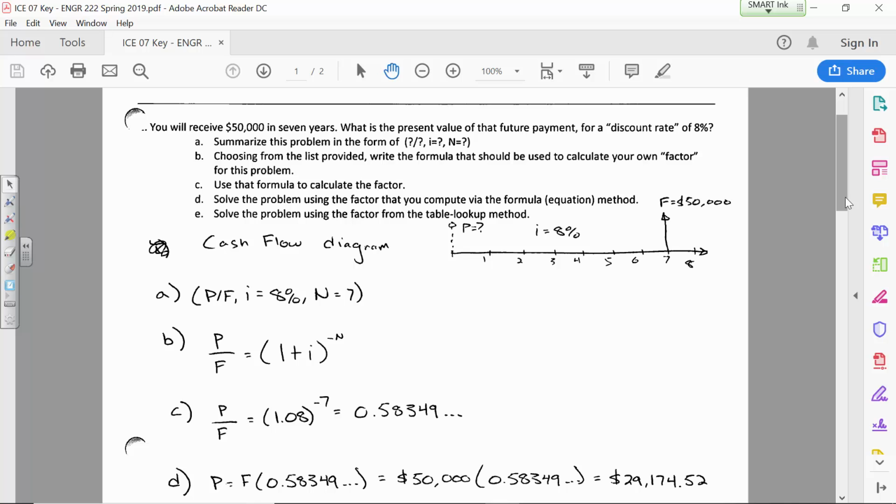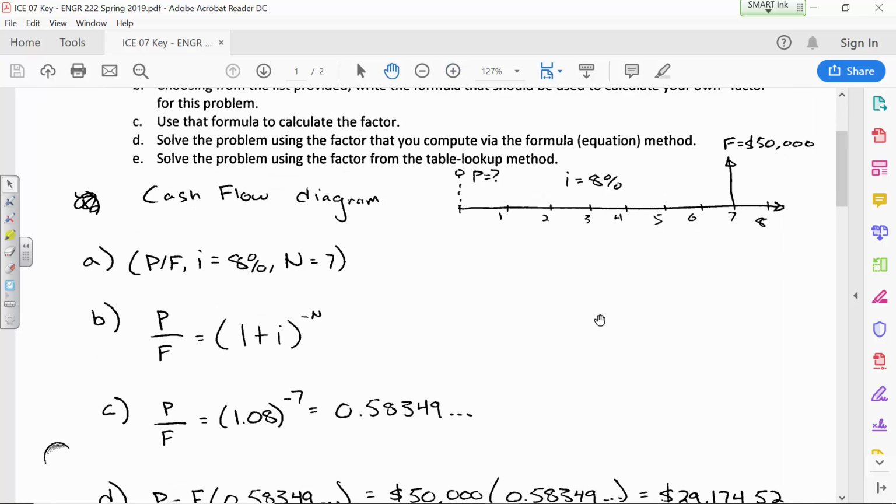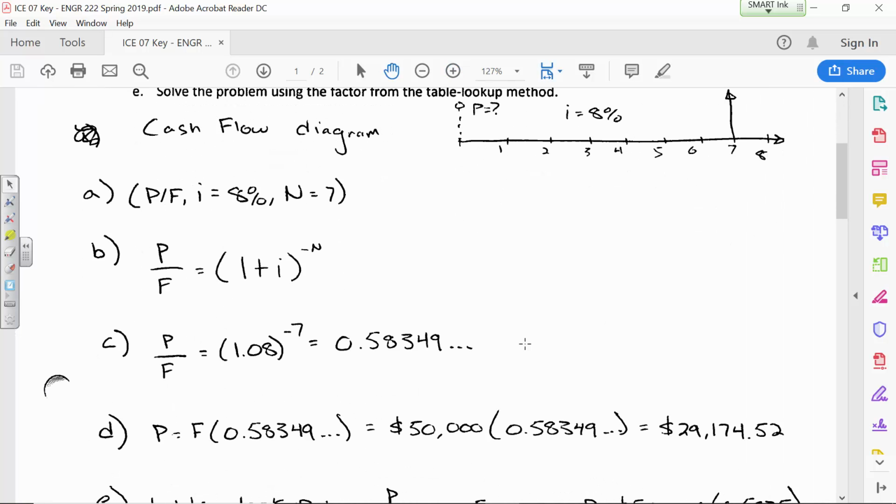So then we substitute in part C, and let me show you something here. I'll zoom in on it. This dot, dot, dot that I'm showing here is just a way of indicating that there's a lot more decimals, and I kept them in my calculator when I did the calculations, but I don't want to write all 16 of them or whatever my calculator is displaying. So that just means that a series of numbers continues.